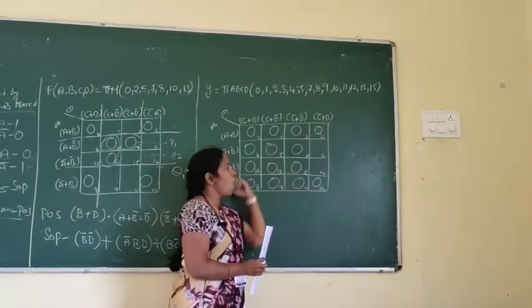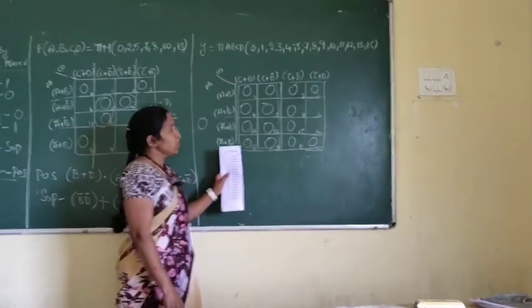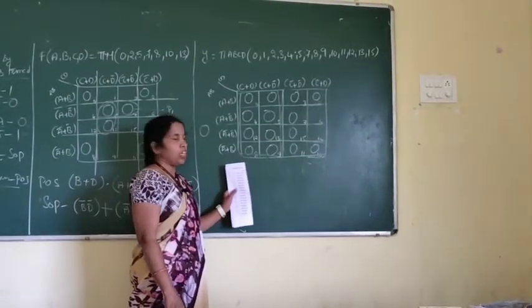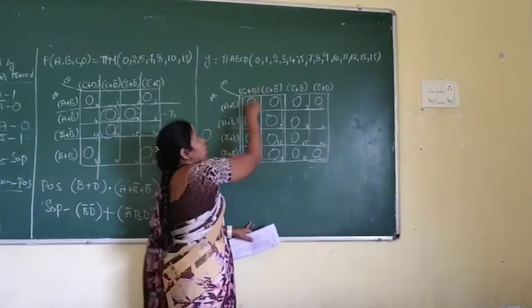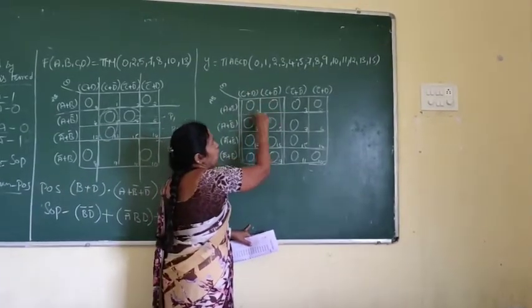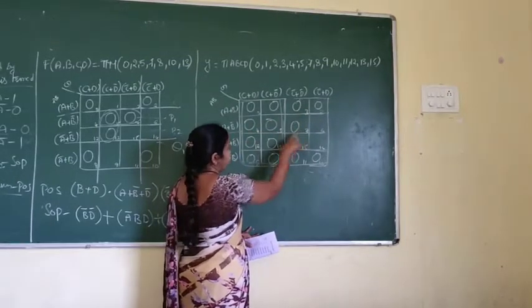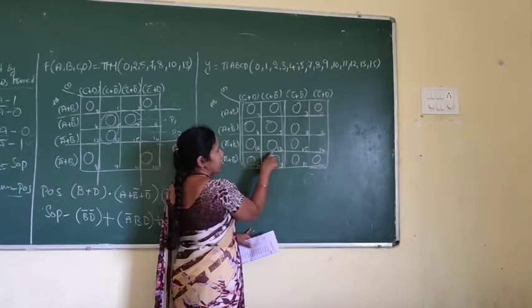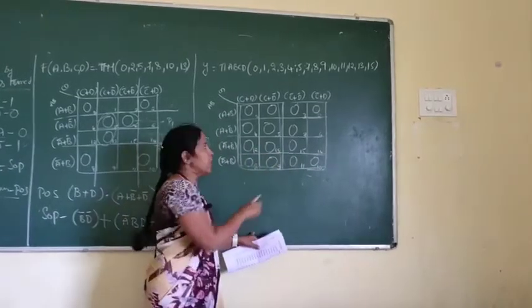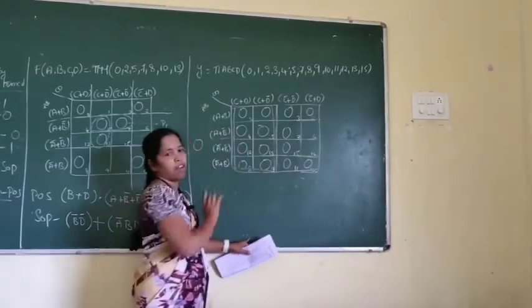Apart from that, all the max terms I have covered here. So in this example I have taken the maximum number of max terms, except these two terms 6 and 14, most of the max terms I have mapped here.